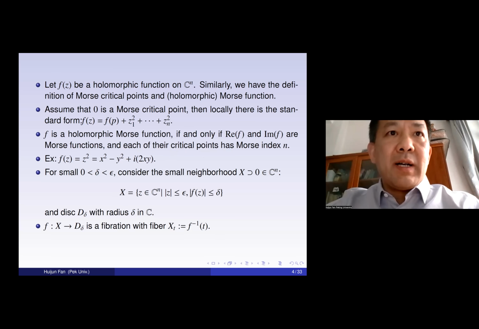So for small positive numbers delta and epsilon, we can consider a small neighborhood X of 0 in C^n. Then we can take a disk D_delta with radius delta in C, and we get a fibration, because the map f from X to the small disk D_delta provides a fibration with fiber X_t equals f inverse of t.